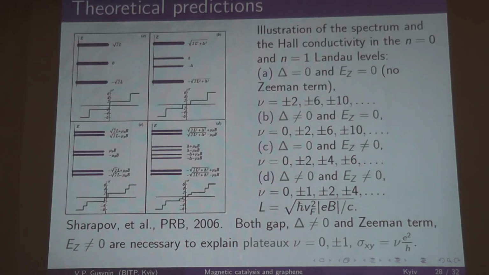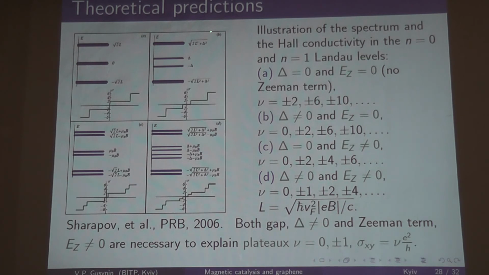Now this gap generation can be applied to explain some experiments. Theoretically, for example, if we start from the situation when we don't have a gap, then all levels are fourfold degenerate and the Hall effect contains these numbers, plus minus 2, plus minus 6, and so on.